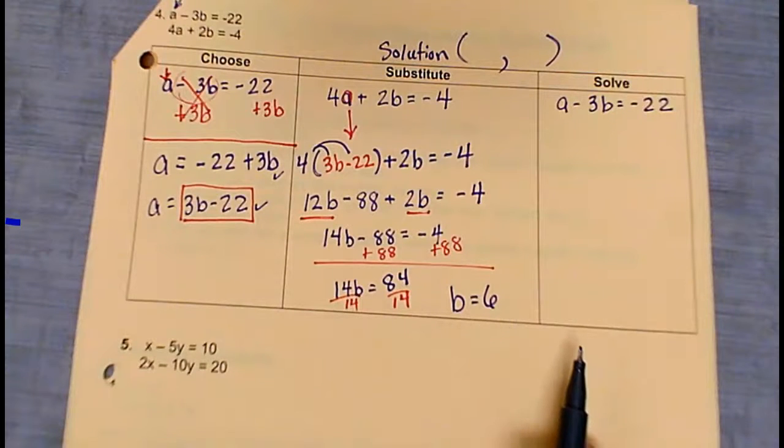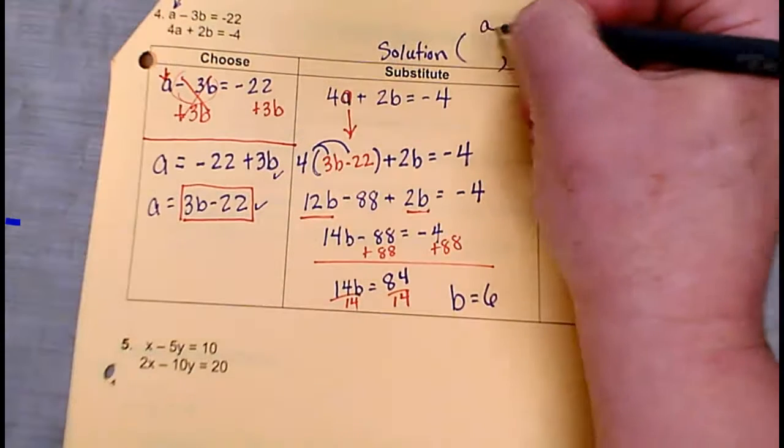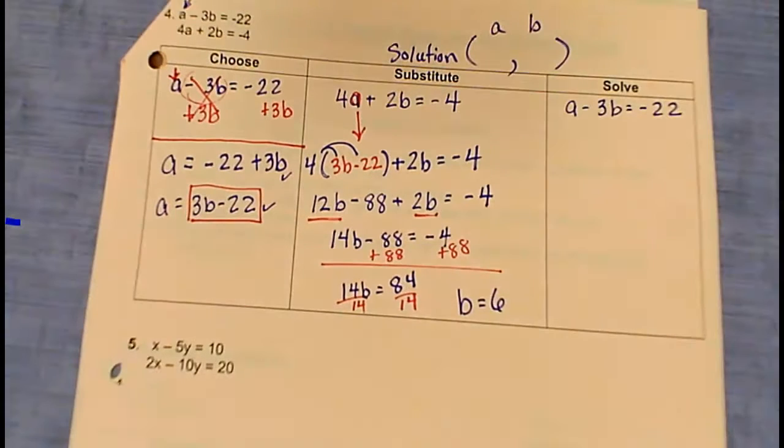I have A's and B's. So when we have other letters that are not X and Y, we put them in alphabetical order unless there's some kind of word problem and there's a context that would tell you to put them in different order. If you just have a problem without any words, you put them in alphabetical order.